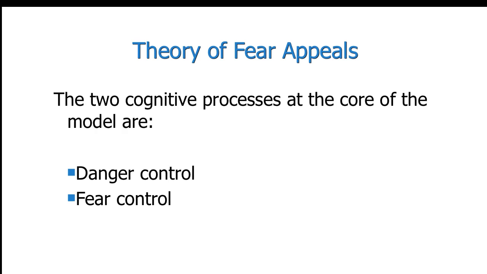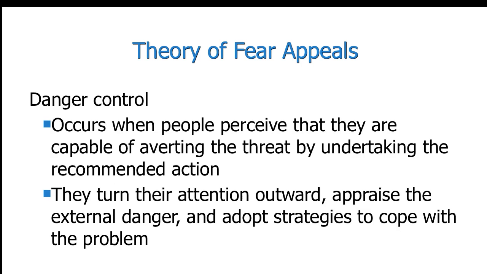The two cognitive processes at the core of the theory of fear appeals model are danger control and fear control. Danger control occurs when people perceive that they are capable of averting the threat by undertaking the recommended action.